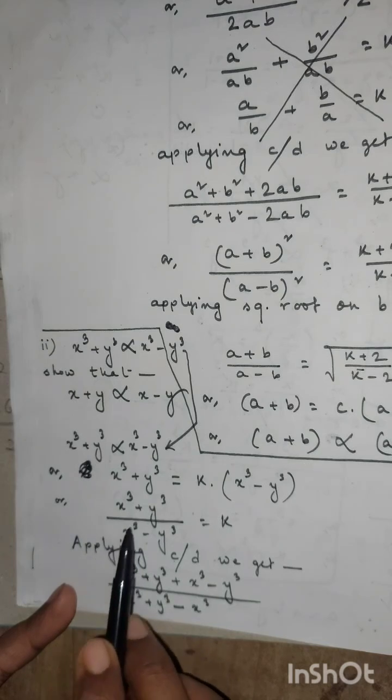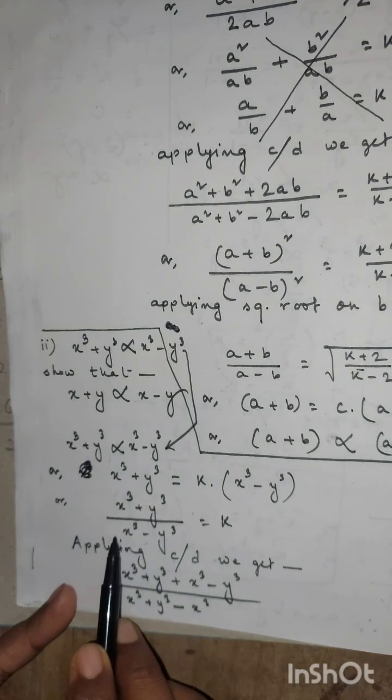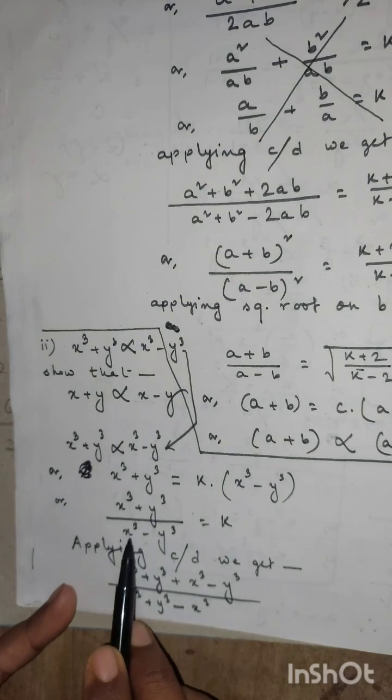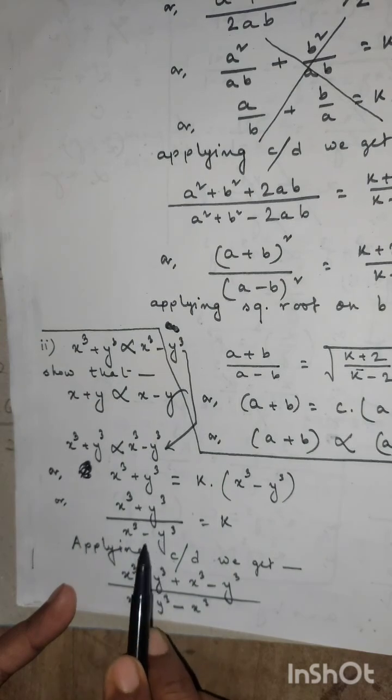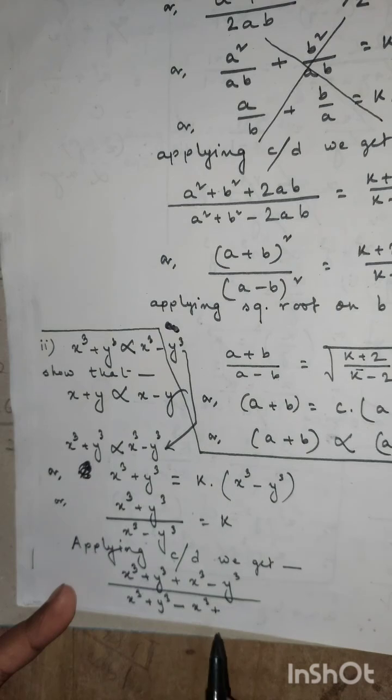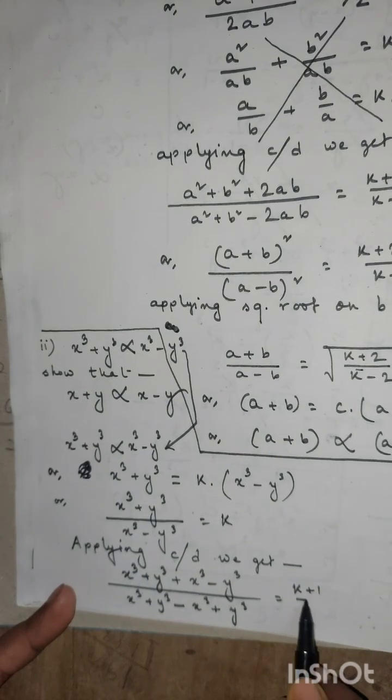So numerator minus denominator, so if we apply minus here, x cube becomes negative and y cube becomes positive. So I am changing their signs. So k plus 1 by k minus 1.